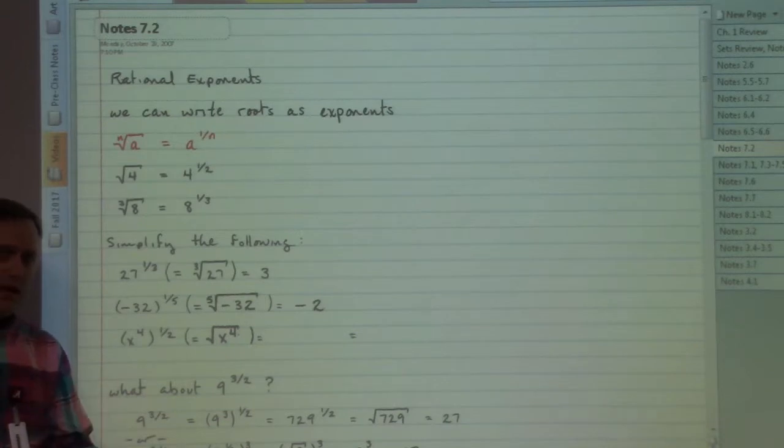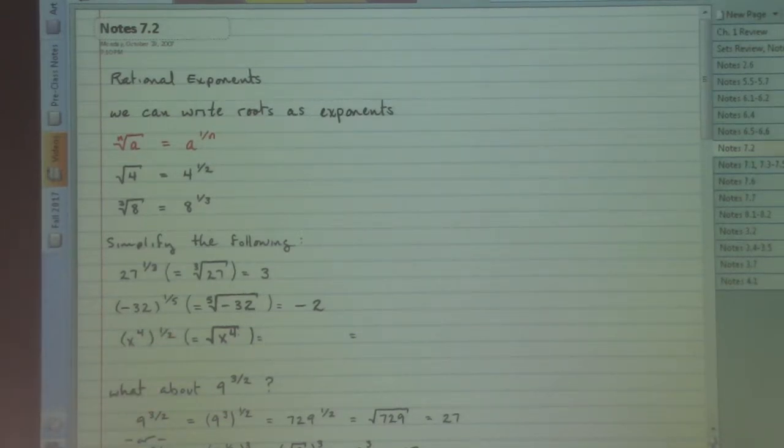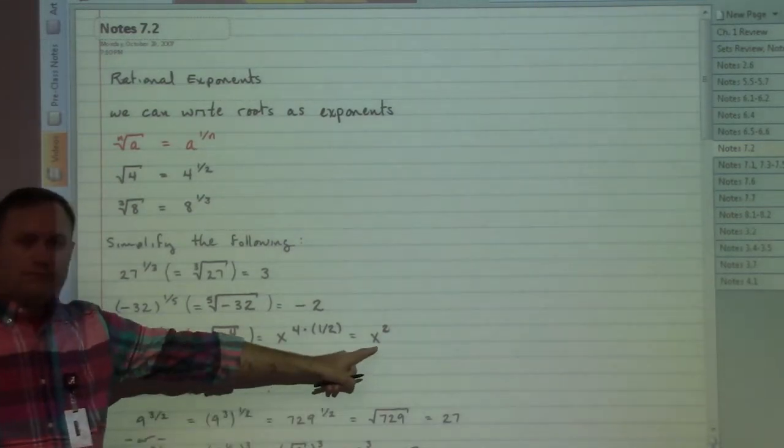But to more quickly work out a simplified version of that answer, we can use our rule for exponents that says when we have a power on the inside of the parentheses and a power on the outside of the parentheses, we can multiply those together. Power of 4 times the power of 1/2 gives us power of 2. So as far as a final answer that we can generate very quickly using those rules for exponents, we have x squared.